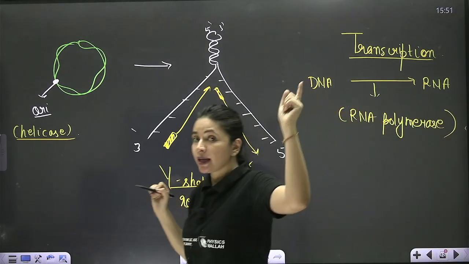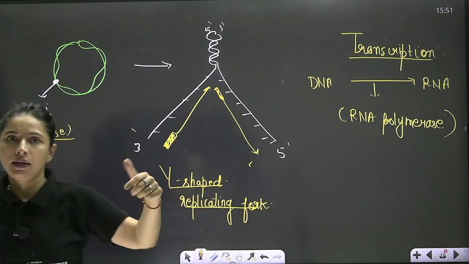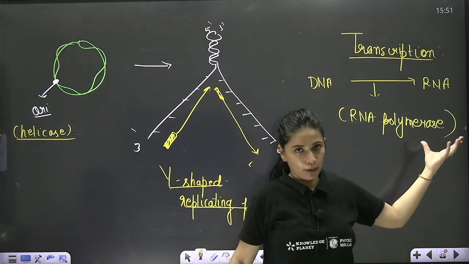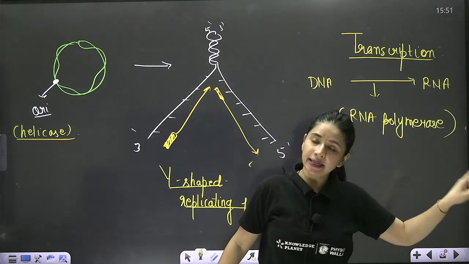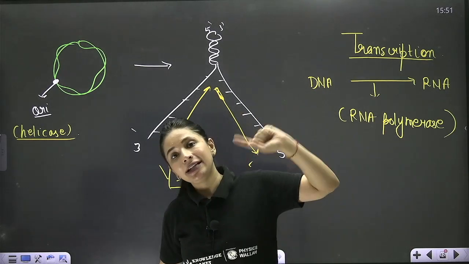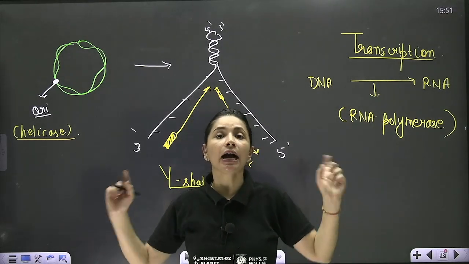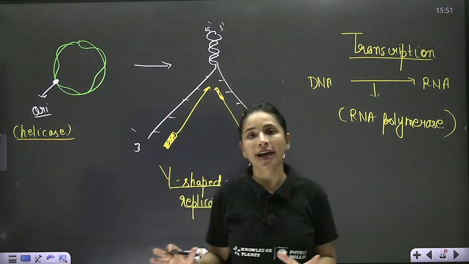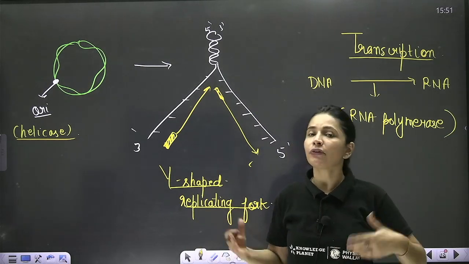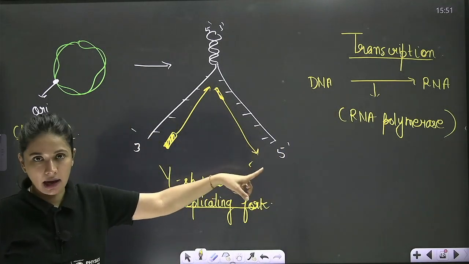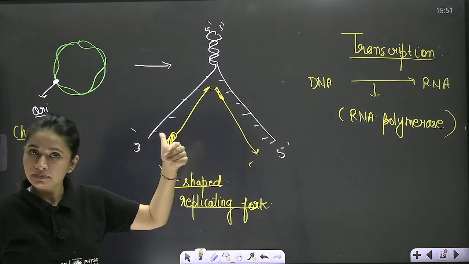In replication, the enzyme was DNA polymerase, but here the enzyme is RNA polymerase. Why? Because in replication you were synthesizing DNA from DNA, but here you are synthesizing RNA. So polymerization of RNA has to be done. Therefore, the enzyme is RNA polymerase.